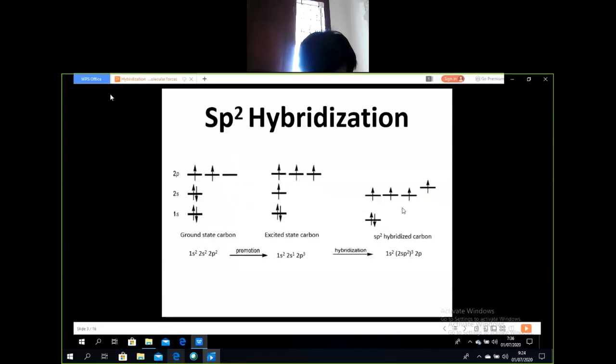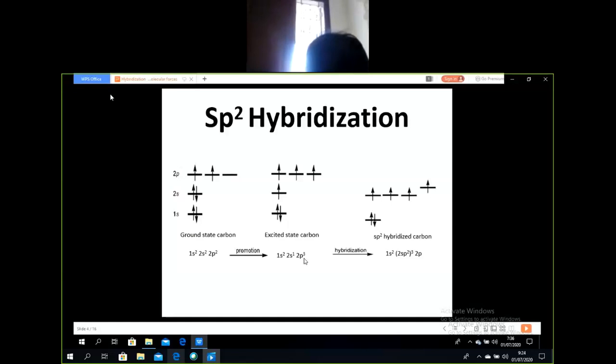And then sp2. sp2 occurs in a double bond. This is the ground state of carbon, and then when it is excited, it is in sp3. How about in a double bond?